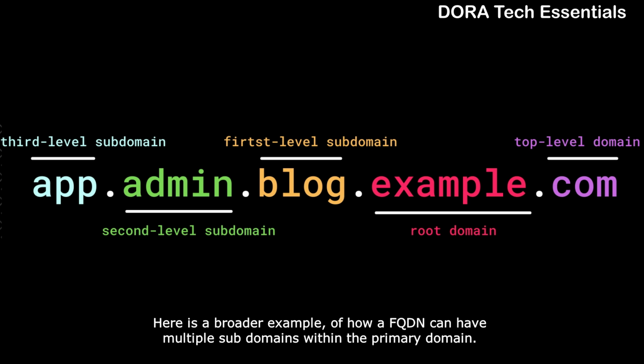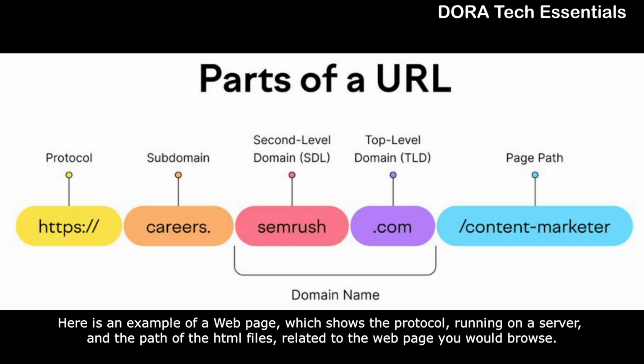Here is a broader example of how a FQDN can have multiple subdomains within the primary domain. Here is an example of a web page which shows the protocol running on a server and the path of the HTML files related to the web page you would browse.